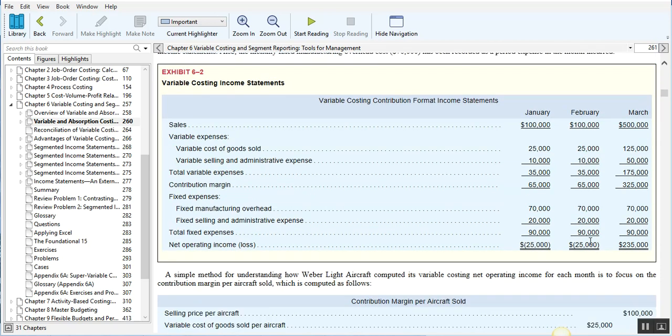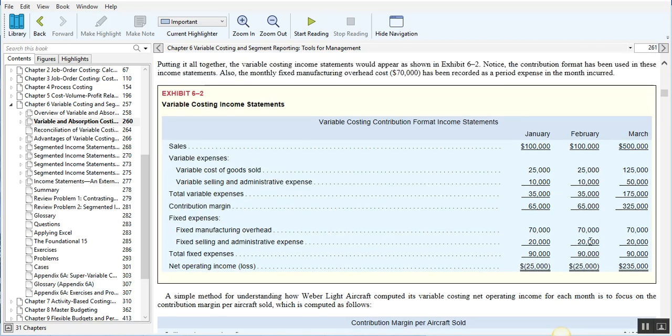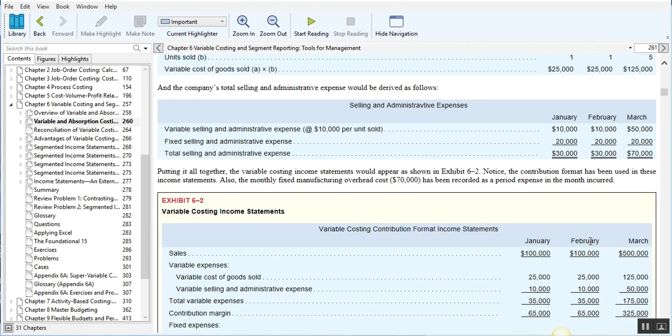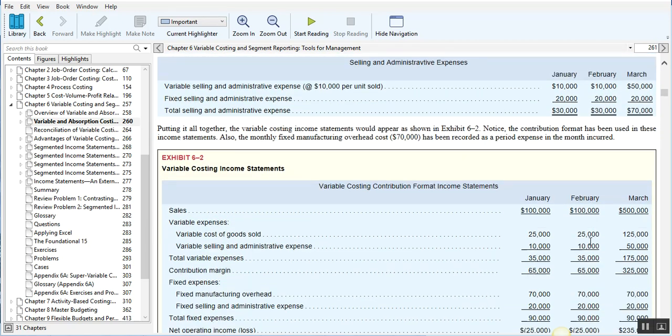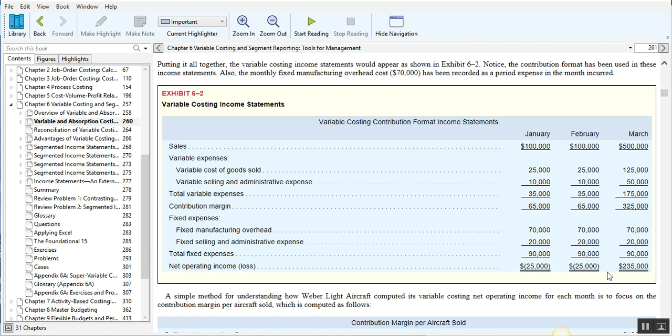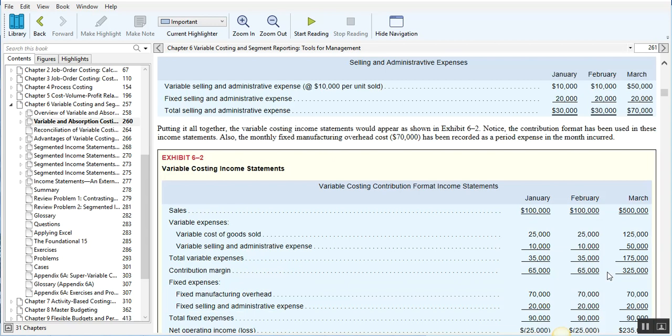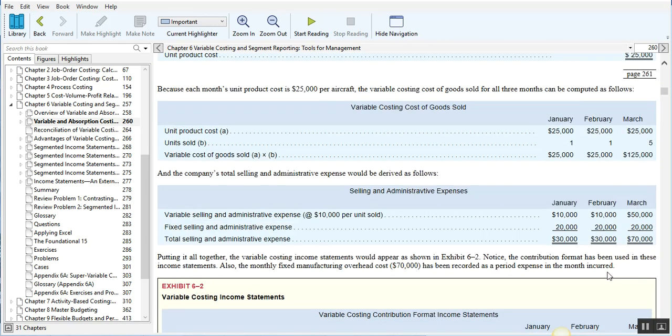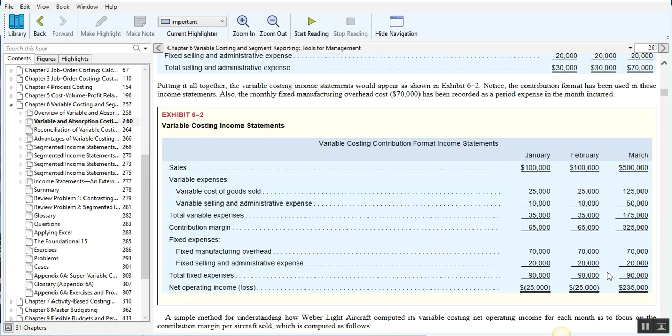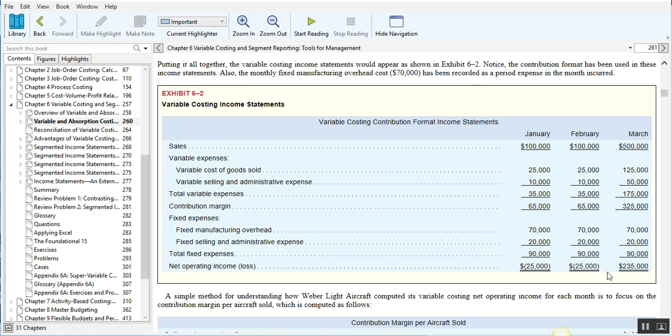Well, let me go down here and show you. Actually, we're going to have a loss in February too, because we only sold 1 aircraft in February as well. I didn't fully consider all the fixed costs.